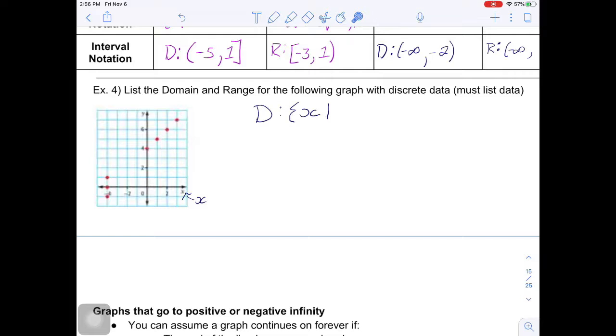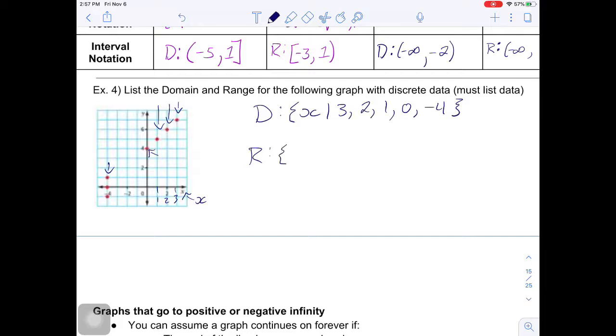Well, here you can see x includes 3, 2, 1, 0, and then -4. So this would simply be 3, 2, 1, 0, and -4. And recognize we don't have any values in between there, so we can't say x can be any real number. We just simply list the data.